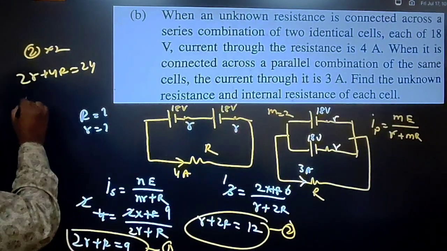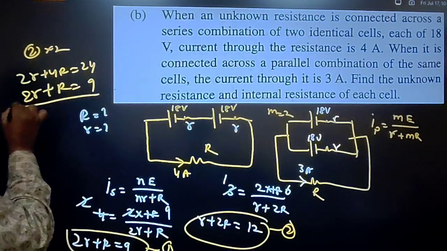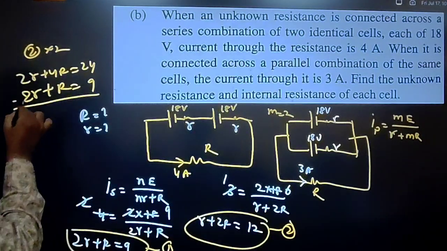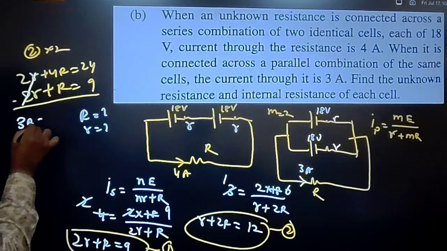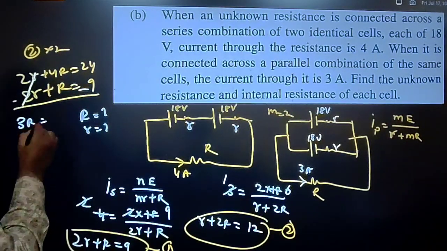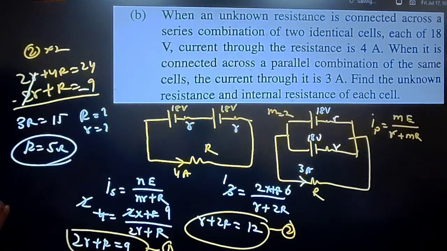Here you don't need to multiply. 2r is already present, plus capital R, equal to 9. Subtract these two now. So how much will you get now? 2r gets cancelled, 2r minus 2r, and this is going to be 3 into capital R. Subtraction means 24 minus 9 is going to be 15. So with this you'll understand that capital R is going to be 5 ohms.